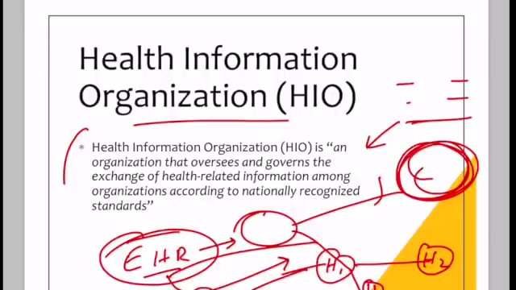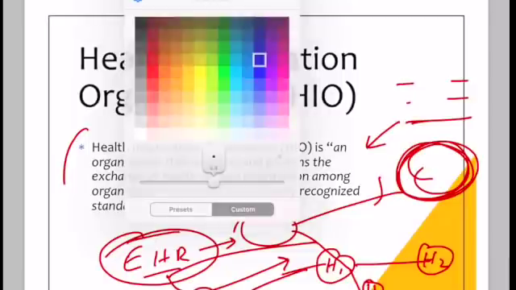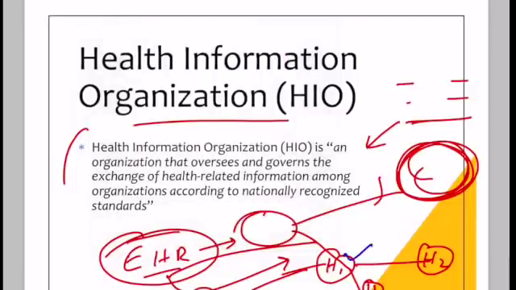What this means is that this organization helps hospital 1, hospital 2, hospital 3 and several other organizations, like the CDC and FDA, to share and exchange information according to the nationally recognized standard. Right?